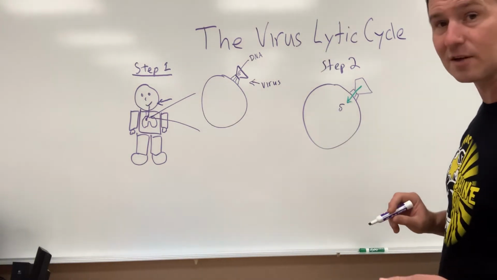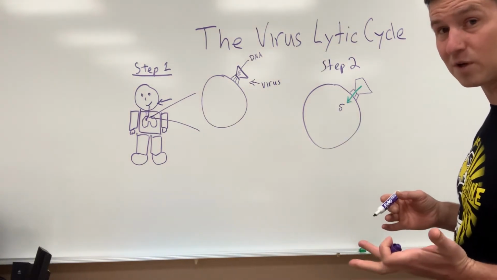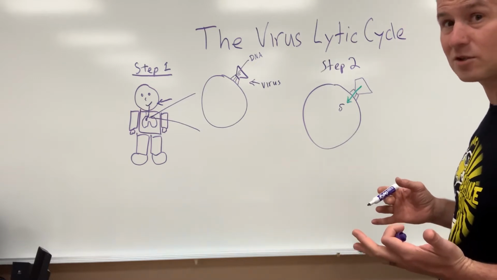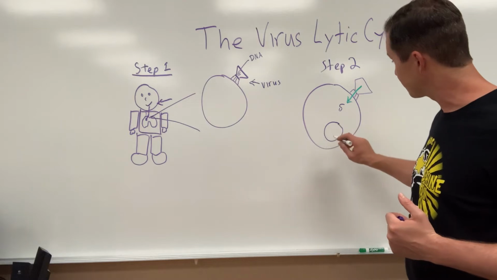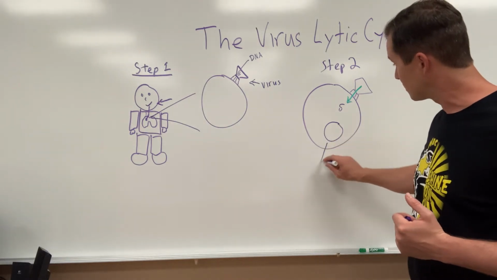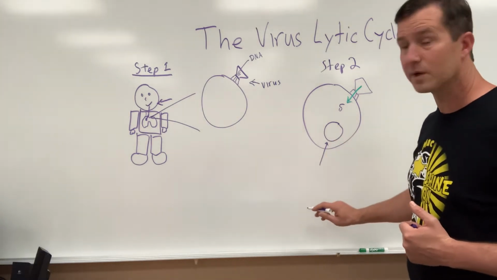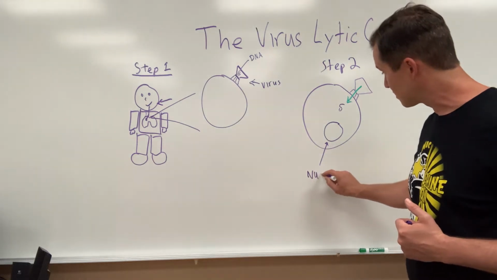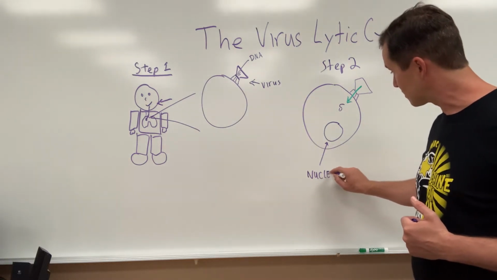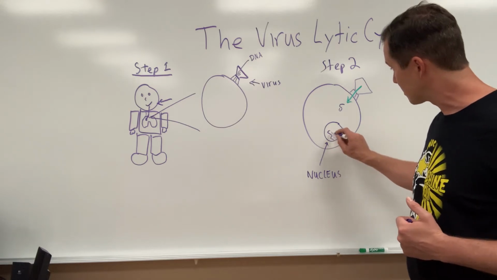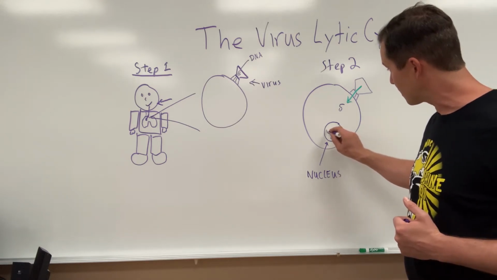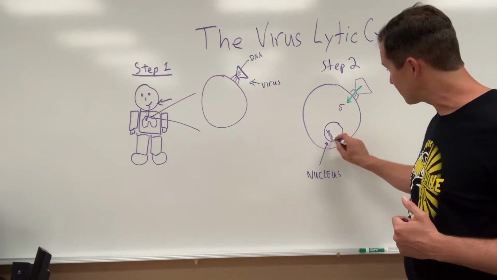And the cell has its own DNA, and that is stored inside the nucleus. And so we're going to label that nucleus. And we're going to do a double helix DNA here.